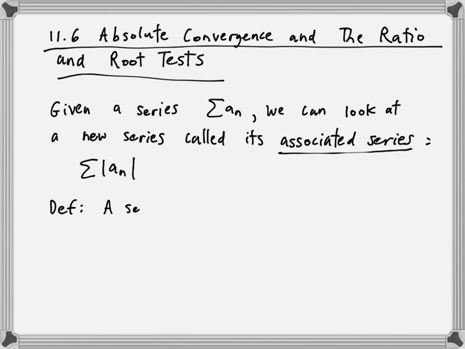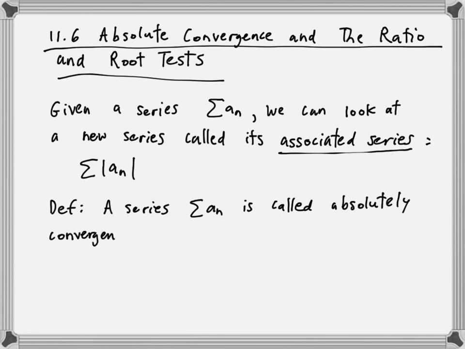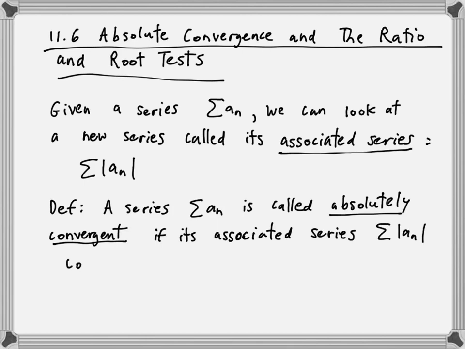A series is called absolutely convergent if its associated series converges.